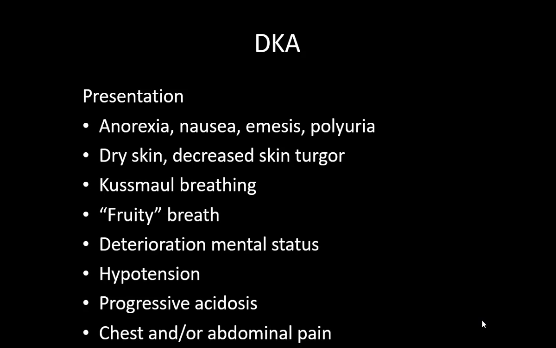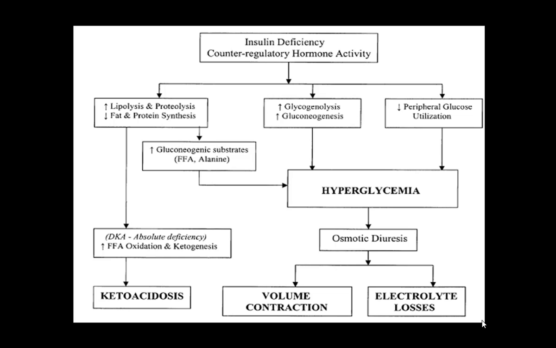The mental status will go down at the later stage of diabetic ketoacidosis, and then the complications. They would present in hypotension, they would have acidosis, mostly lactic acidosis or just high anion gap acidosis, and other features would be chest and abdominal pain.